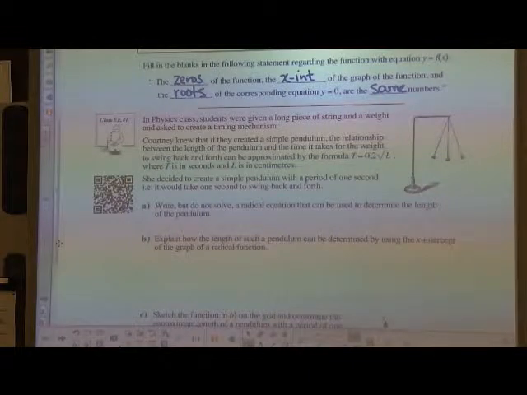So she decided to create a simple pendulum with a period of 1 second, meaning it would take 1 second for it to swing back and forth. Right? Now solve a radical equation that could be used to determine the length of the pendulum.